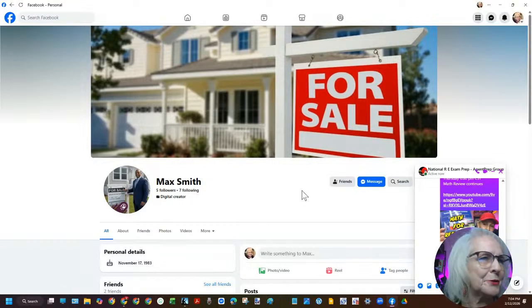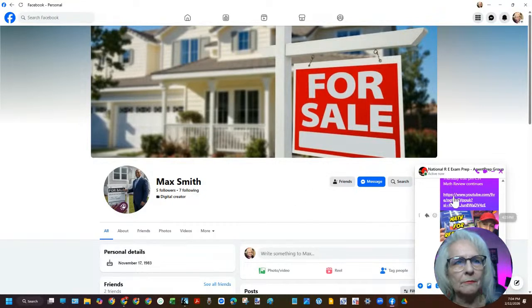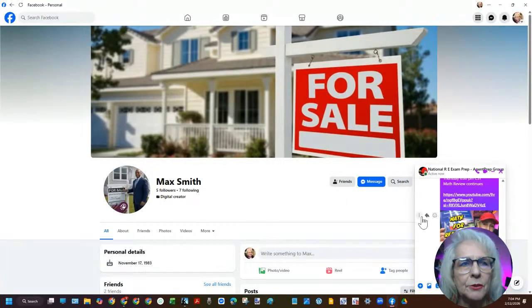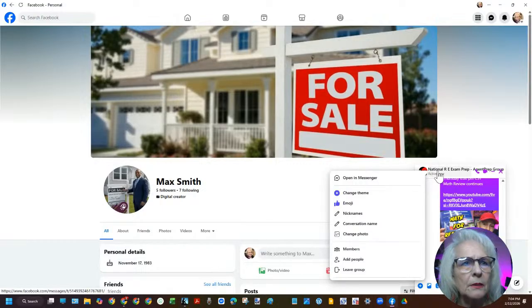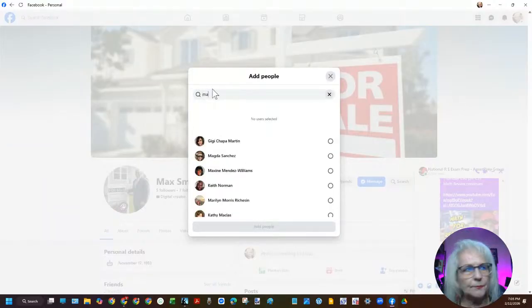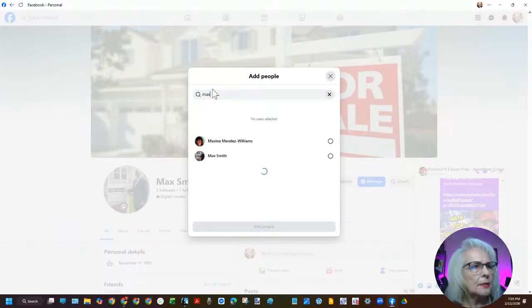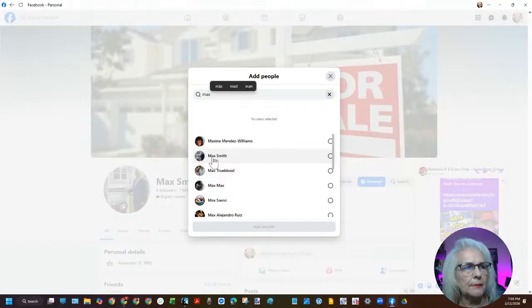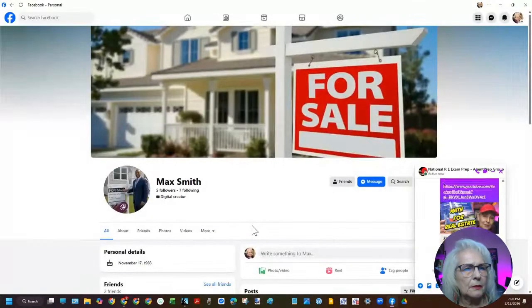It's harder to do it when it's in a small screen like that. But I will add you to this group. Add people right there. So Max Smith, that's you right there, right? So you're now in that group.